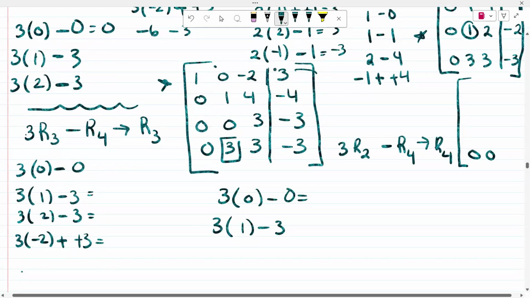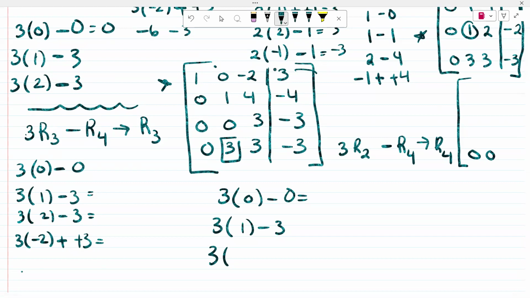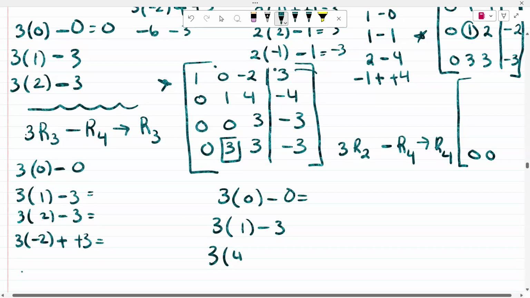Keep on going. 3 times the third number in row 2, which is 4, minus the third number in row 4, which is 3. So 4 times 3 is 12. 12 minus 3 is 9. Okay, and then straight line.